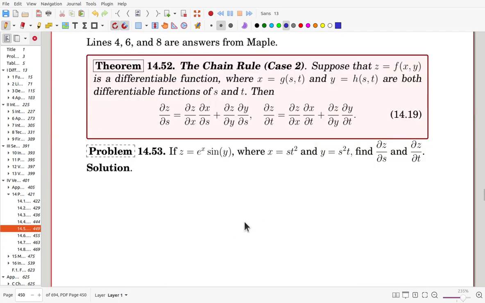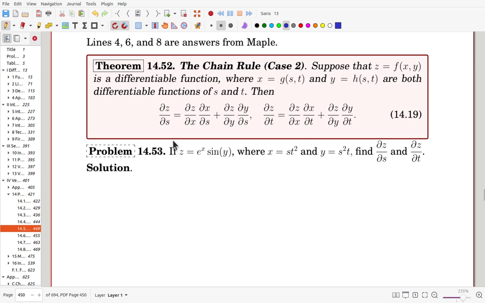So along with that observation, we can generalize the chain rule quite easily. This is case 2. z is a function of x, y and differentiable, where now x is a function of s, t and y is also a function of s, t, and both are differentiable.